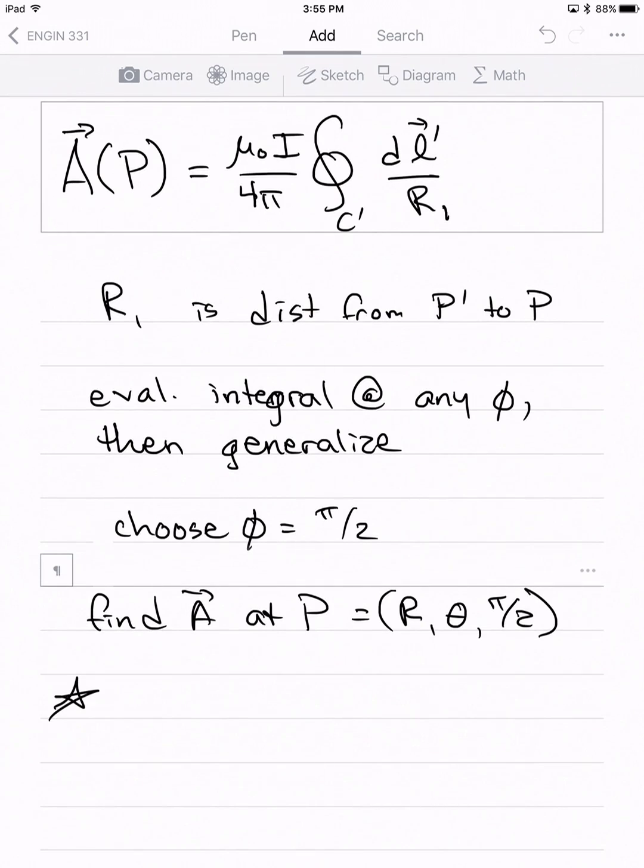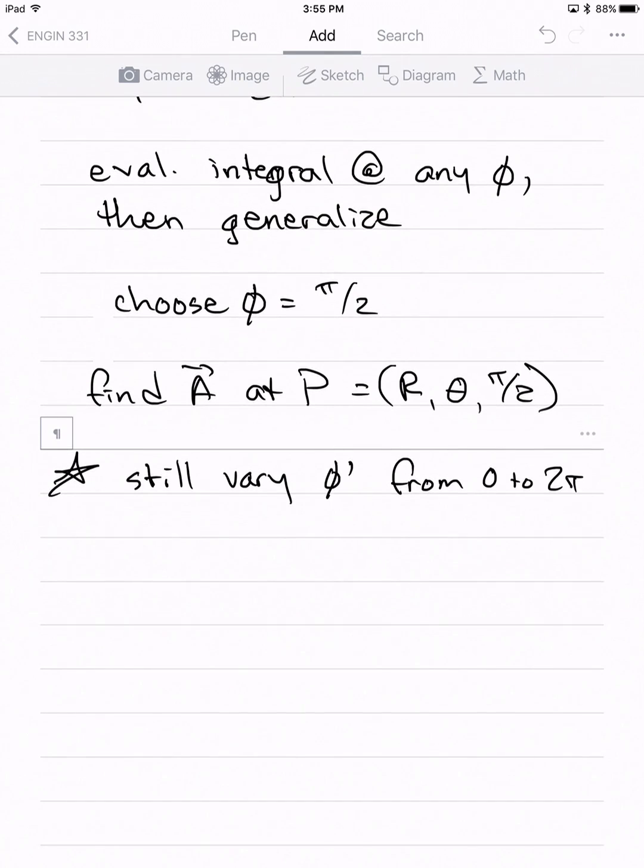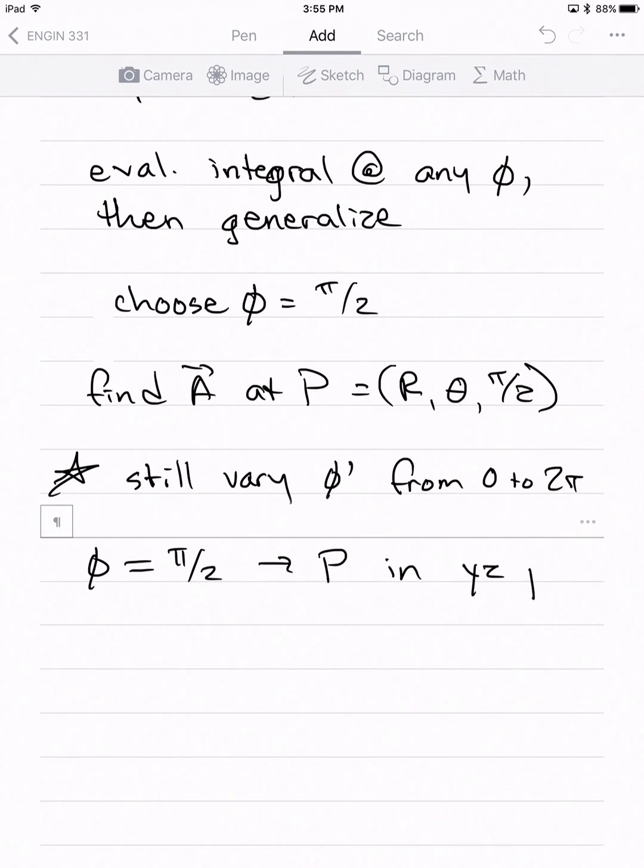Here's an important thing: we're still going to vary phi prime from 0 to 2 pi. It's still going to depend on phi prime. So let's take a look at this integral. By choosing phi equals pi over 2, we're saying that P is in the YZ plane.